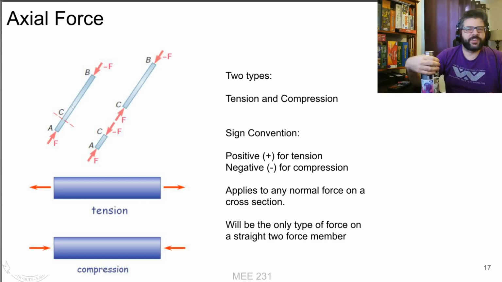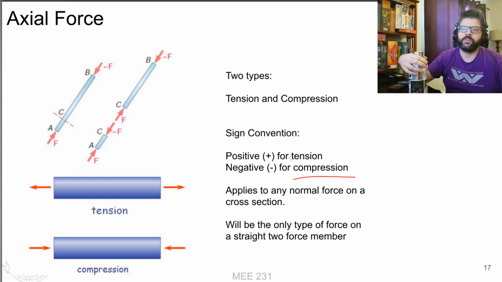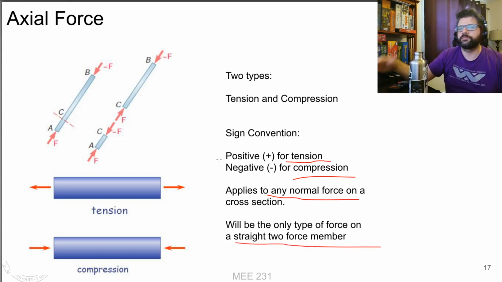The sign convention is that a positive stress and a positive axial force is tension, and a negative axial force is compression. So again, this applies to any normal force on a cross section, and in a straight two-force member, that is the only force that you will ever see.